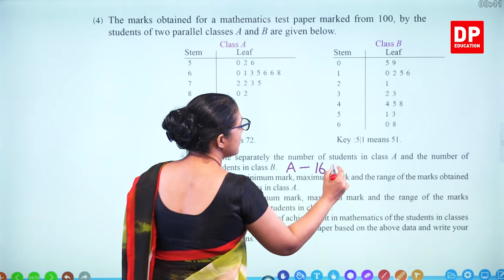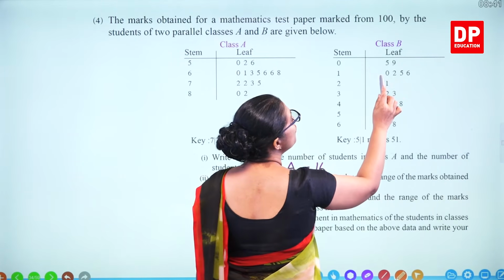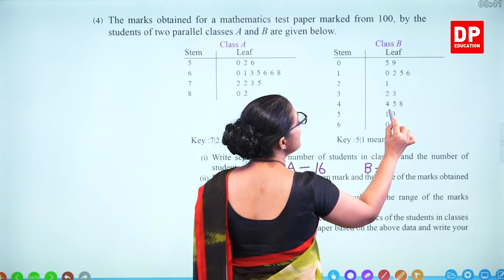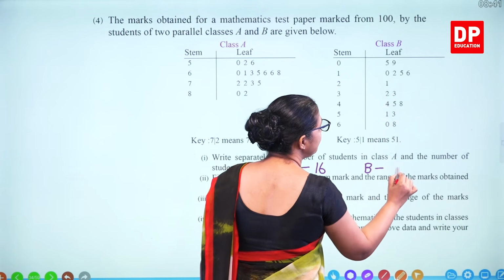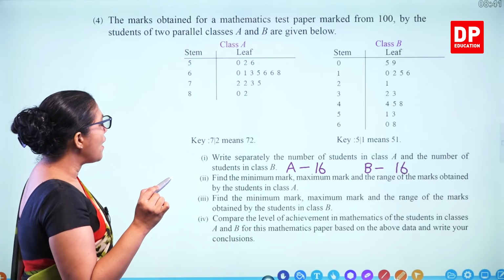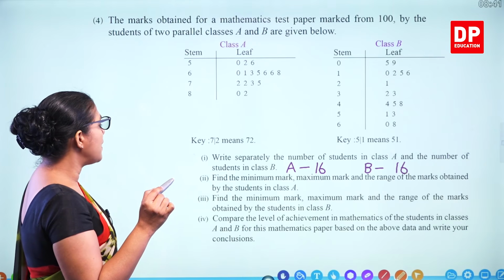And B, how many students? 1, 2, 3, ... 16. Both are the same.